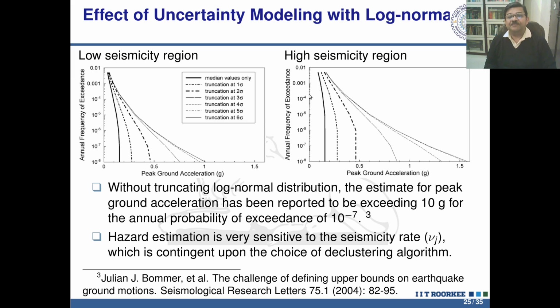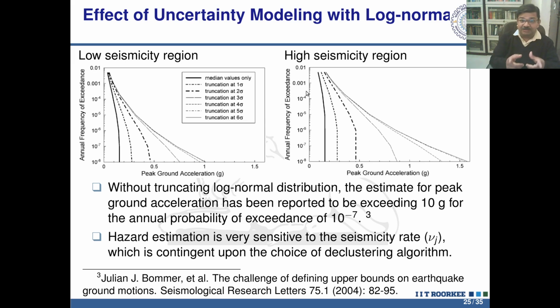For example, 2475 is somewhere here. So even the median value is somewhere here, epsilon equal to 1 is here, epsilon equal to 2 is here, 3 is here. So now all of them will get, if I don't specify what truncation level I am using for this probability calculation, all of them correspond to the same return period.